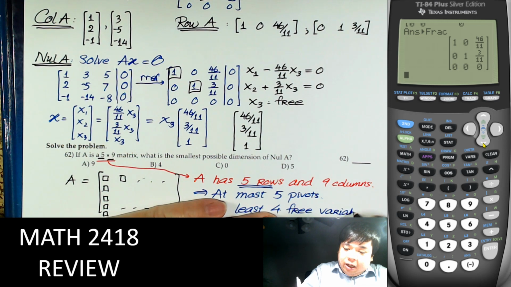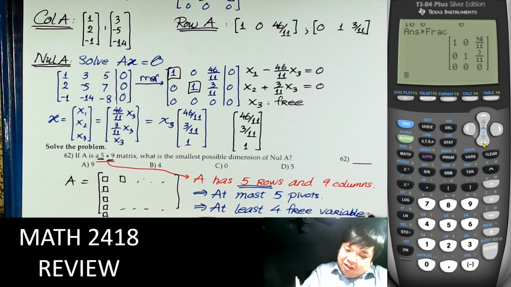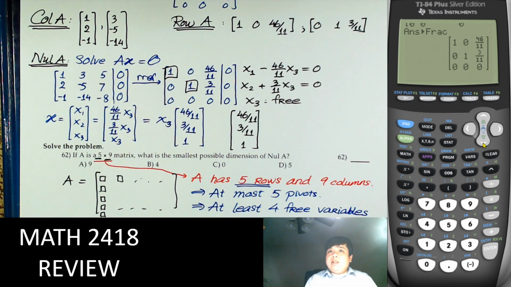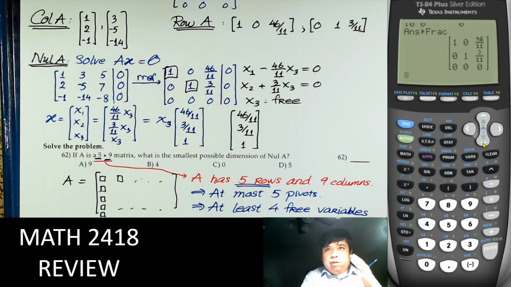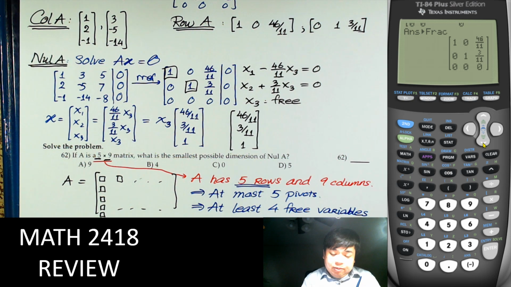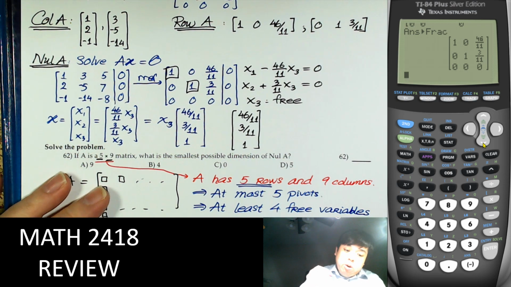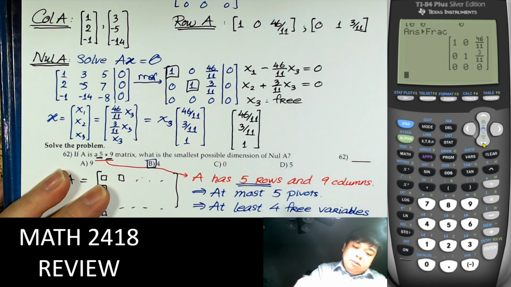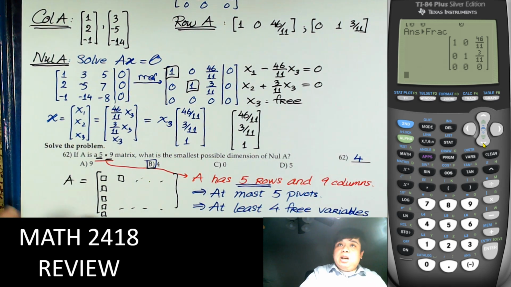So the dimension will be at least 4, because the dimension of the null space of A is the number of vectors in the basis for the null space of A. So once again, 5 rows, a maximum of 5 pivots, meaning that at least 4 of them are free. So the dimension of the null space of A would be at least 4. That should be B.